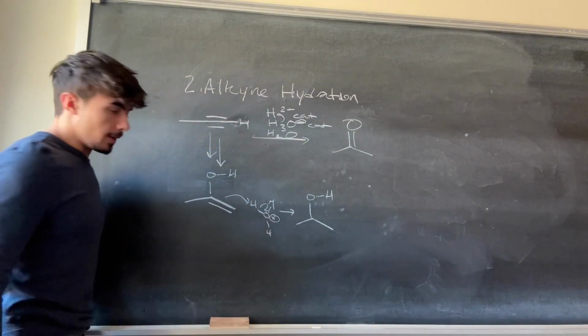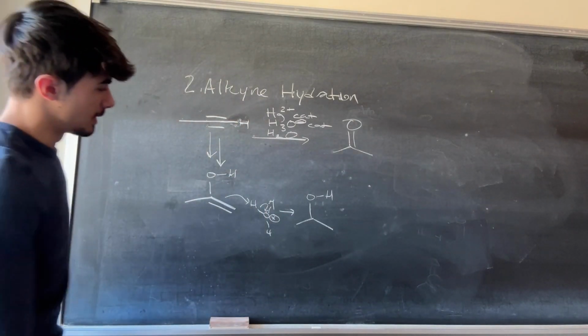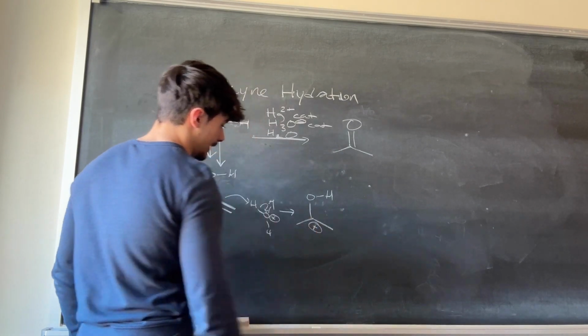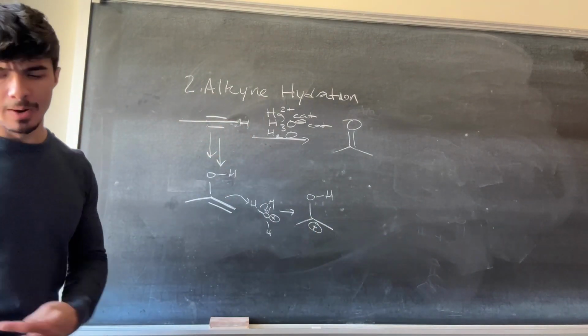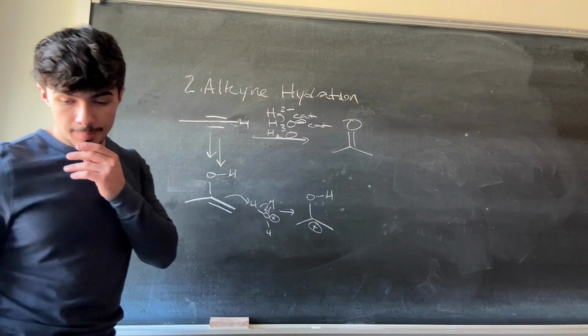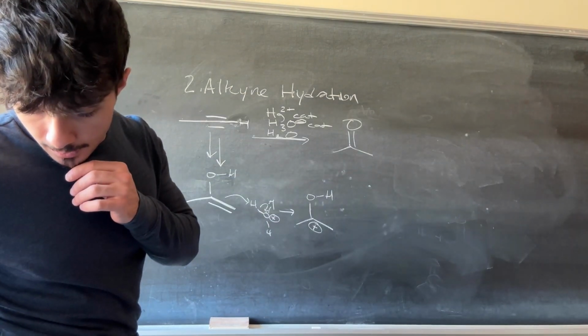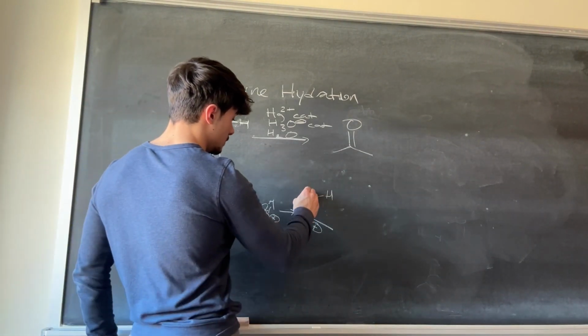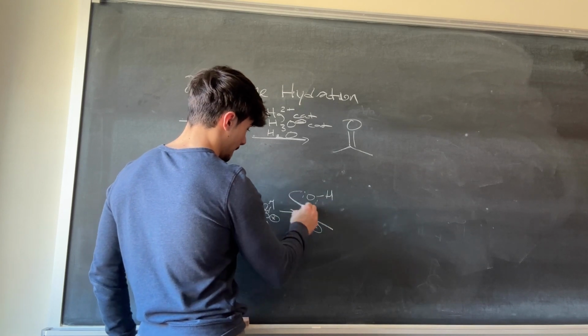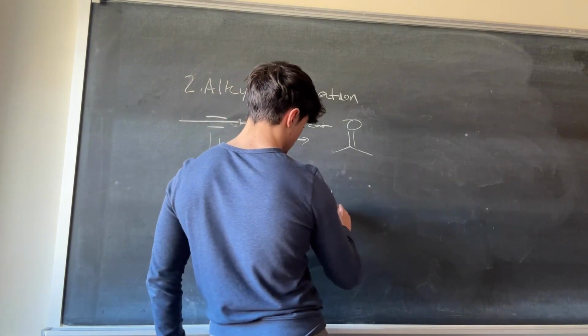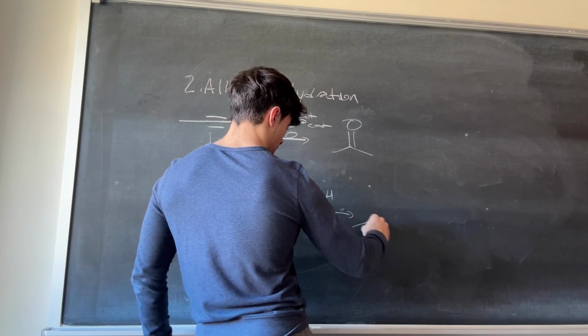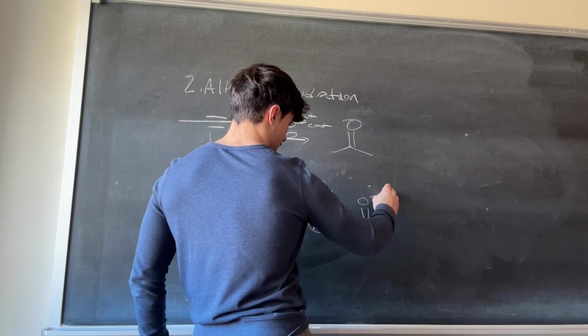Once you protonate that, you'll notice that you have a plus charge on that carbon. How are we going to compensate for that? We are going to use the pi electrons from up here, push down, and we create this.